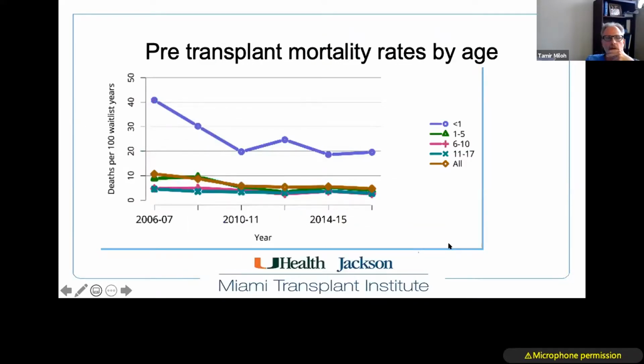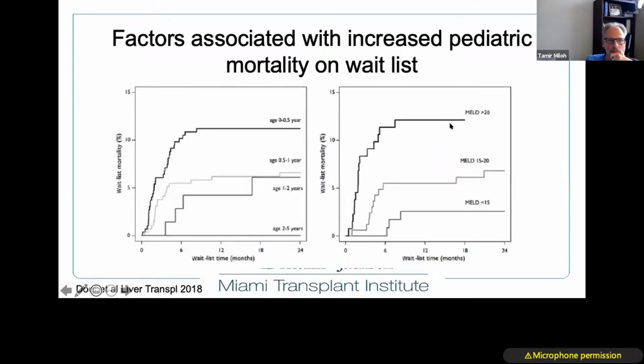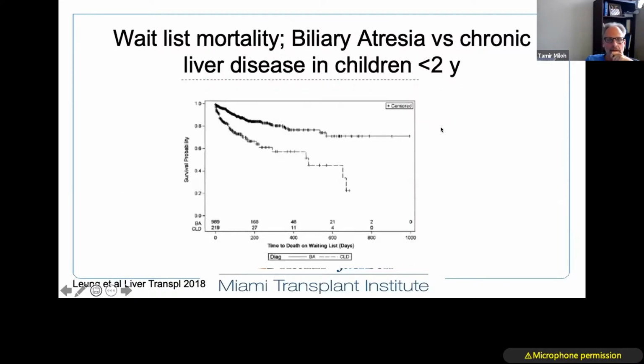And in particular, if we're looking at the risk of pre-transplant mortality, meaning mortality on the wait list, we can see that the most vulnerable group are the children younger than 1, where it's difficult to find a size match organ for them. And other factors associated with increased mortality on the wait list, besides the younger age, as you can see here, are also the MELD and the PELD score. The sicker they are, the more likely they are to die while waiting on the wait list.